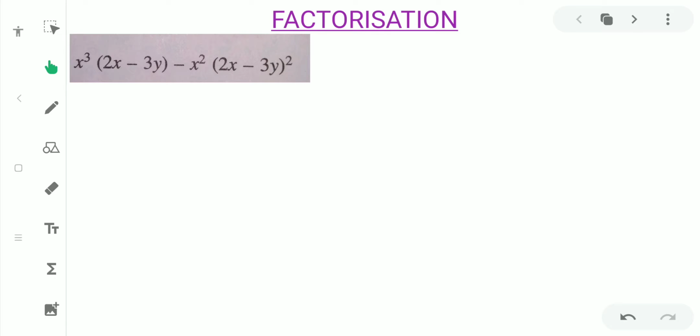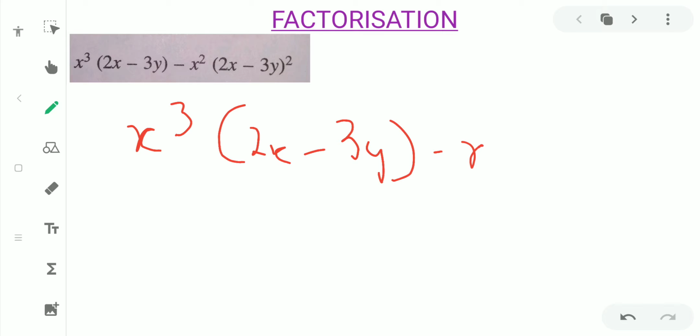So x cube times 2x minus 3y, minus x square times 2x minus 3y whole square.